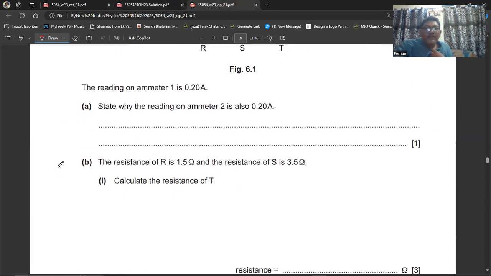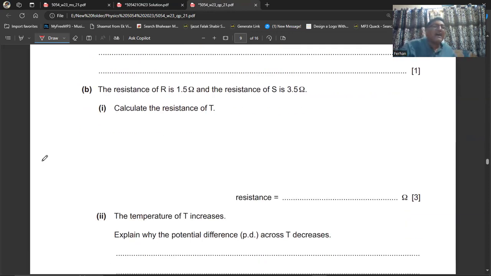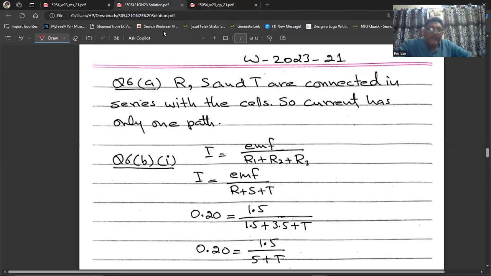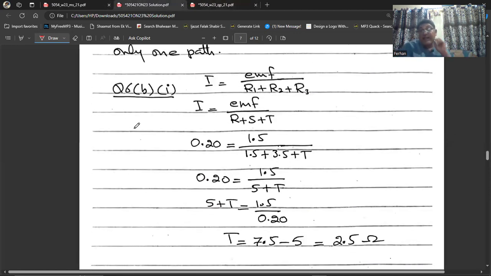Then for part B, the resistance R is 1.5 ohm and the resistance of S is 3.5 ohm. Calculate the resistance of T. The current coming from the battery can be calculated.